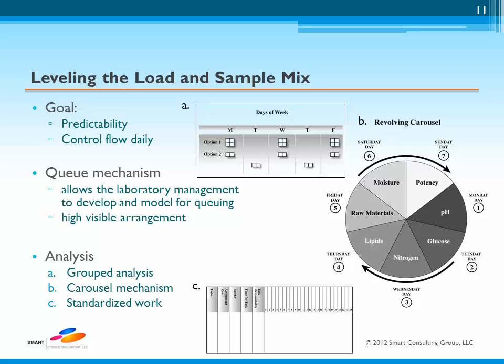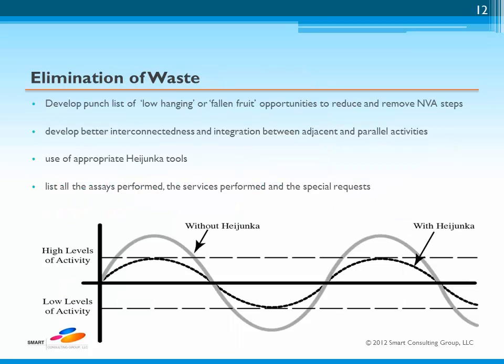Lean has a big function in the elimination of waste. From the current state value stream map exercise, it's important to develop a punch list of low-hanging fruit opportunities to remove non-added value steps from the processing scheme. Remember that waste can include work in progress, scrap and rework of samples, excessive transport, wasted time with people, holding times that are unnecessary, and documentation, for example.